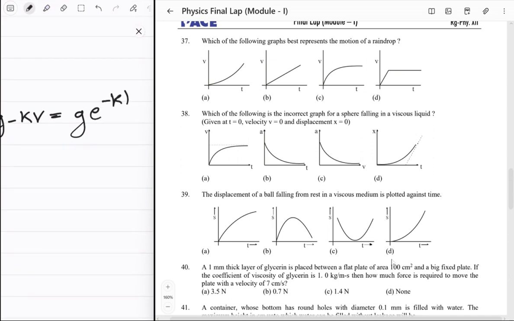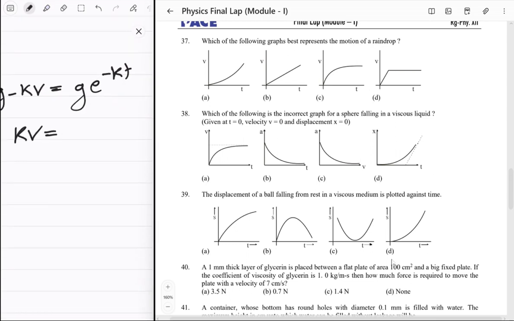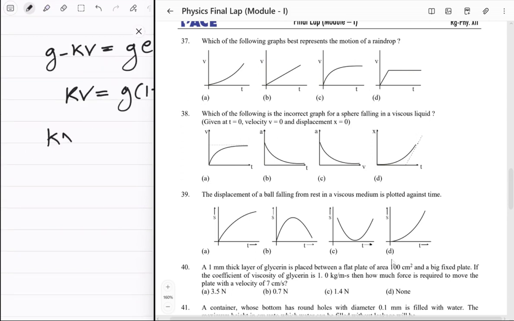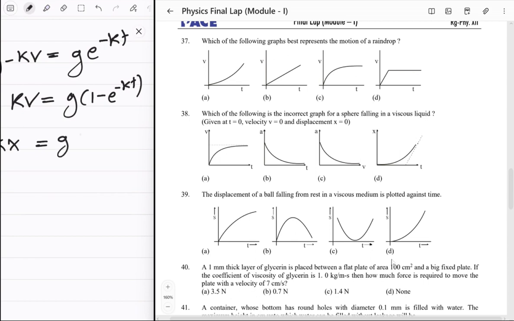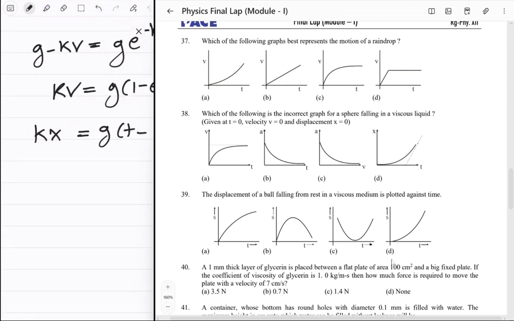Yeah, that was the velocity thing. So यहाँ से v is just equal to g times 1 minus e power negative kt. So x is just equal to इसका integration like g times of t minus. Isn't that right? Of course, velocity is like that, just gotta integrate to get the thing.